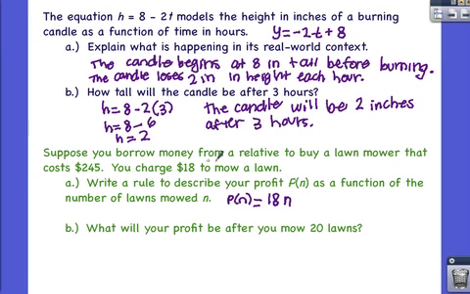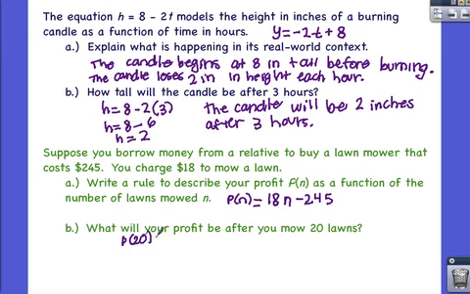Well, if you borrowed $245 from a relative, that means you're actually starting in debt. So you're starting at negative $245.